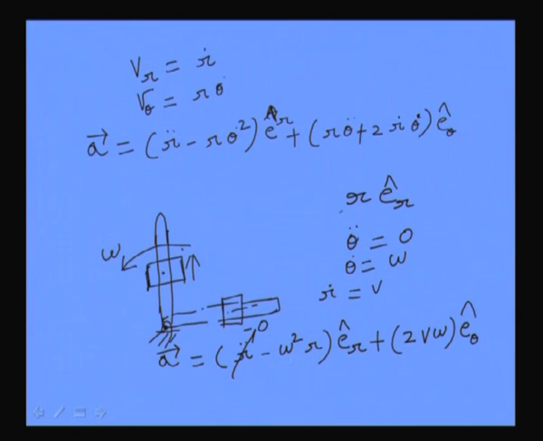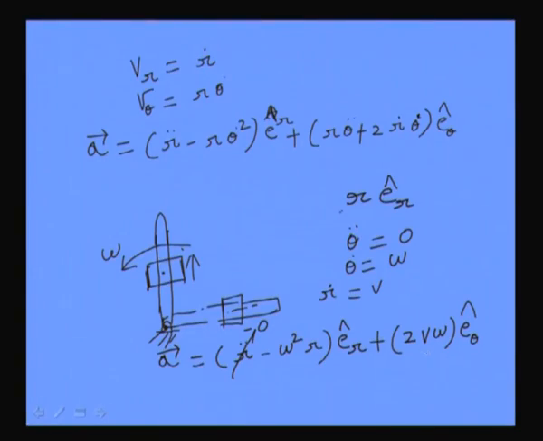That is, there will be one acceleration whose magnitude will be omega square r and it will be directed towards negative r direction, that means towards center O. This component is known as the centripetal acceleration. Apart from the centripetal acceleration, you also get another component in the theta direction, that is 2v times omega. This component is called the Coriolis component.